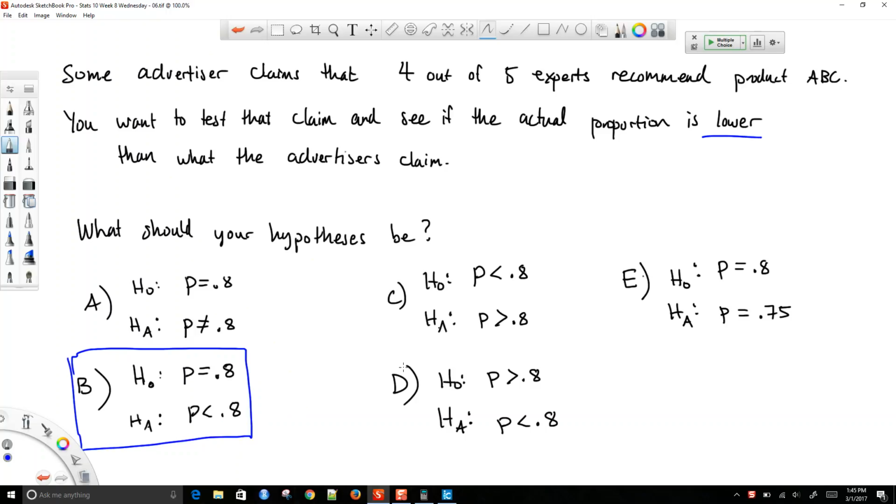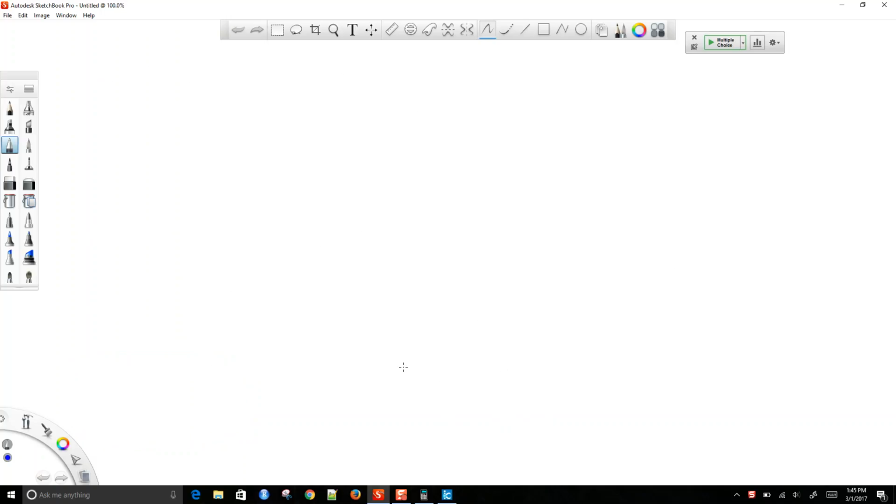Okay, so you read the problem, you set up your hypotheses. And the second part, and I guess this is as far as we'll get today, step 2, we call this our preparation step.